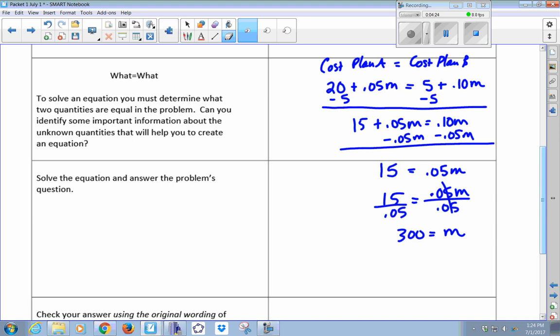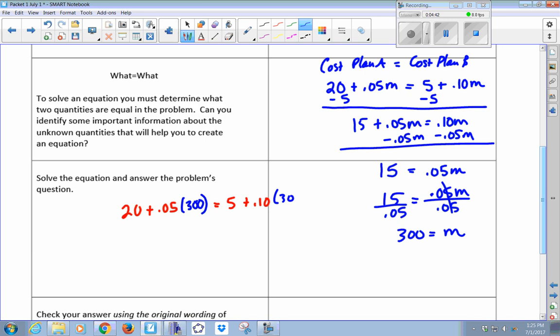So first, let's check our answer before we write our sentence. We have 20 plus 0.05 times 300, and we want to see if that equals 5 plus 0.10 times 300.